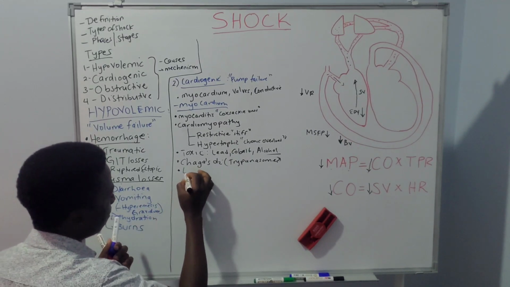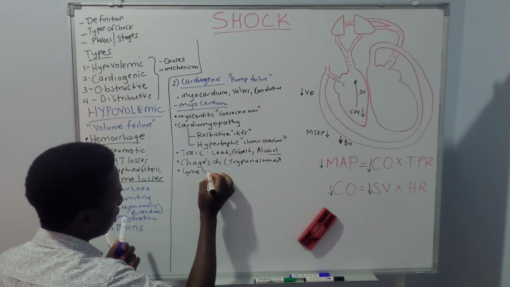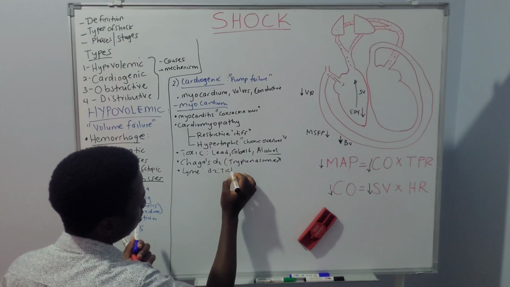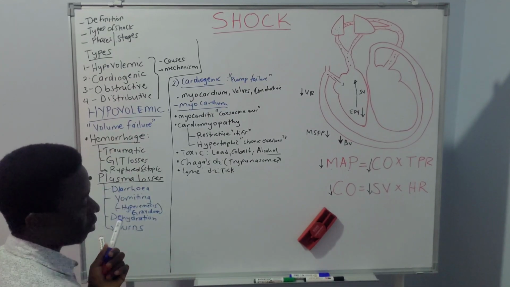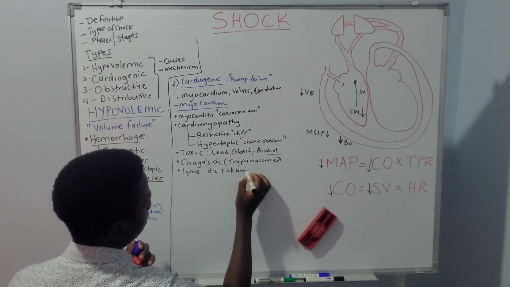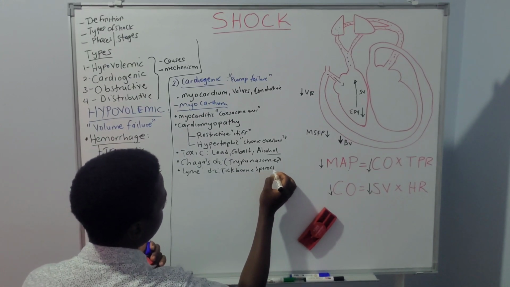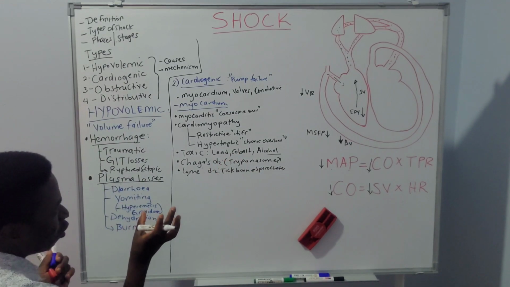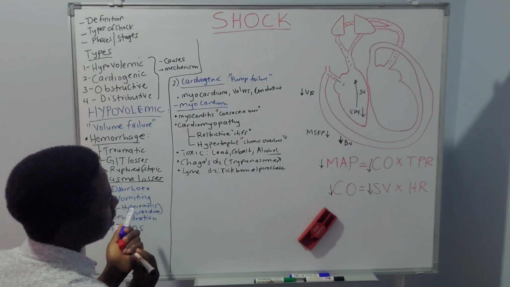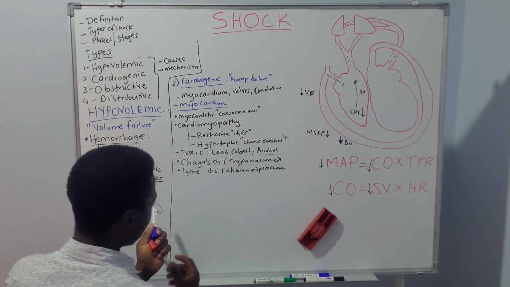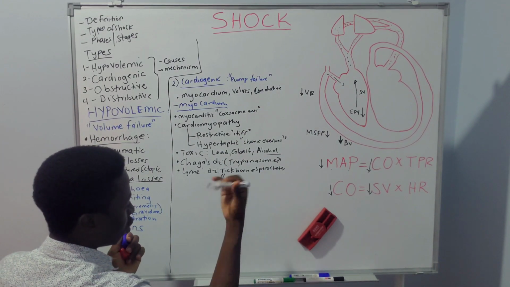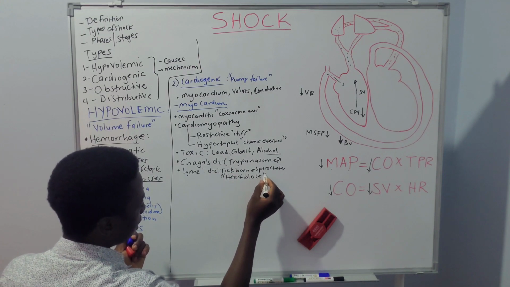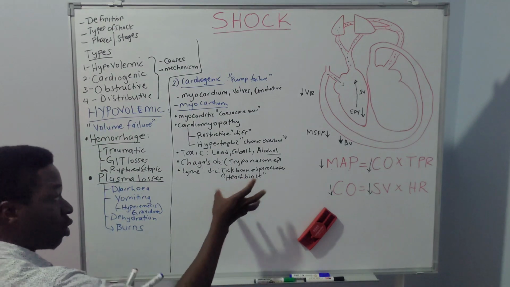But also we have Lyme disease. Lyme disease usually originates from tick-borne spirochetes. These spirochetes can damage the myocardium, and they have a preference for the conductive system of the heart, so they tend to cause heart blocks.